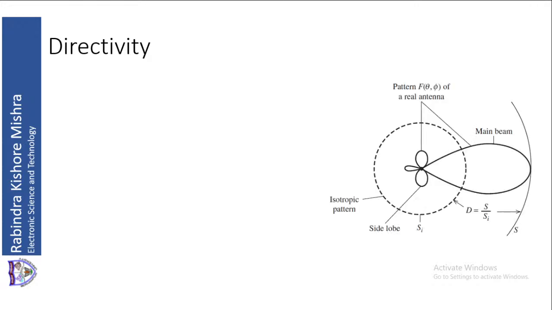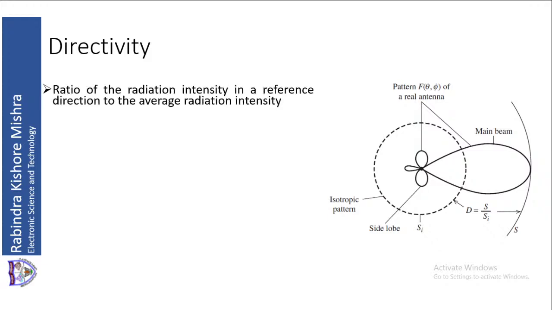So that is average intensity. Now we will come to the directivity of the antenna. Look at the antenna here. We have the antenna, we have the main beam in a particular direction. By directivity, what we do is, suppose the antenna is radiating P watts, maximum radiation in a particular direction.